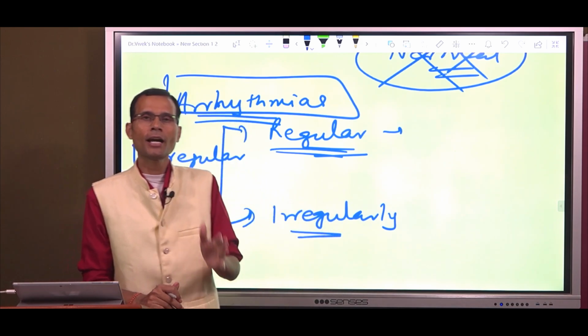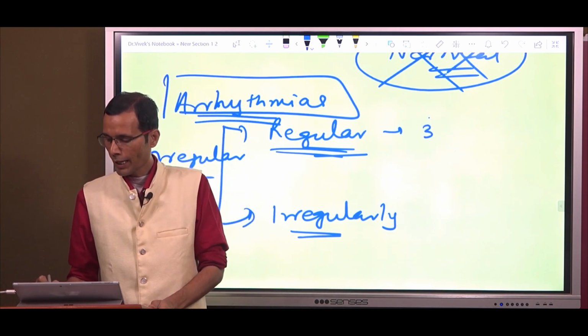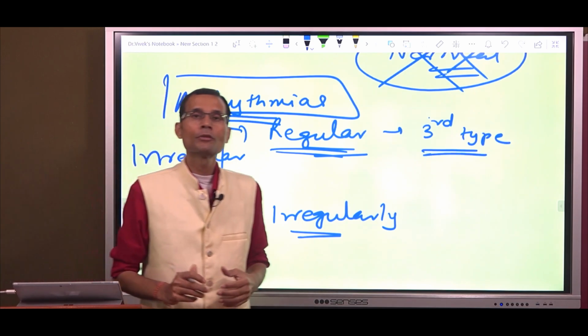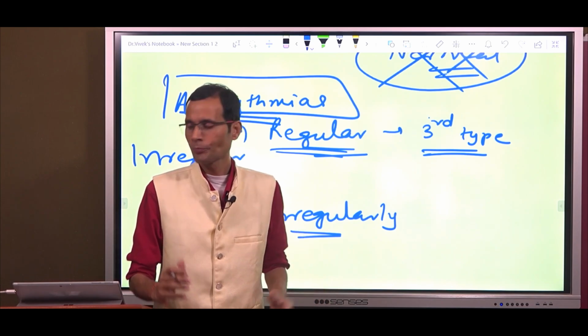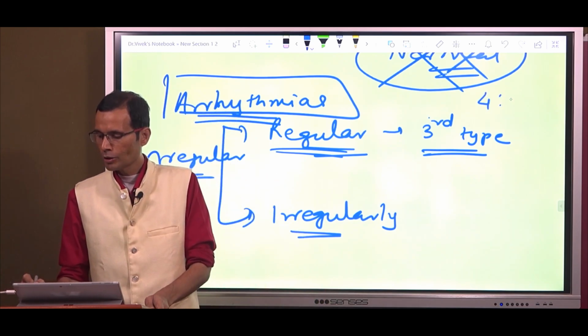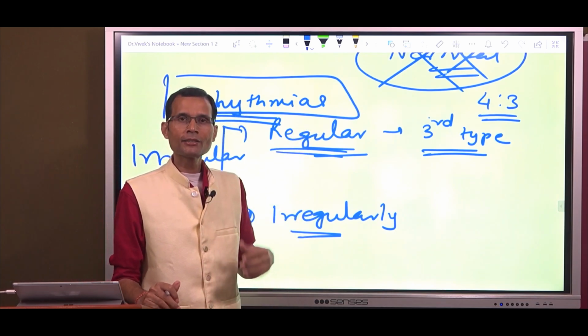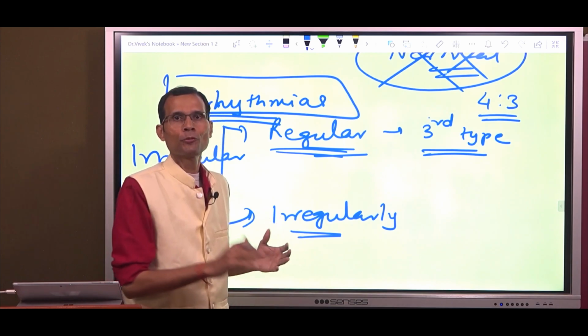Second degree heart block has three types, and the third type, which is called a constant block or consistent block, or sometimes called a 4:3 block, means atria excite 4 times, but ventricles excite only 3 out of those 4 times.